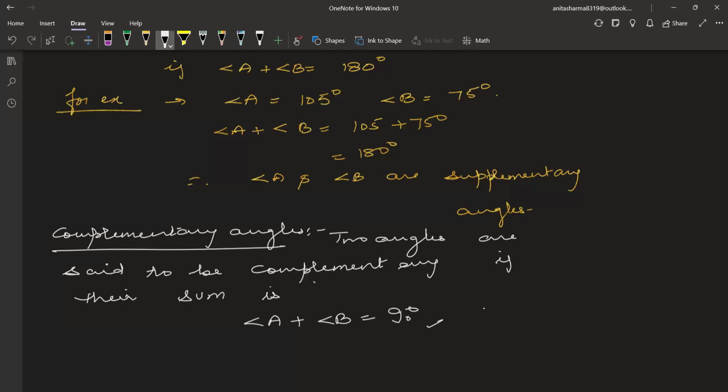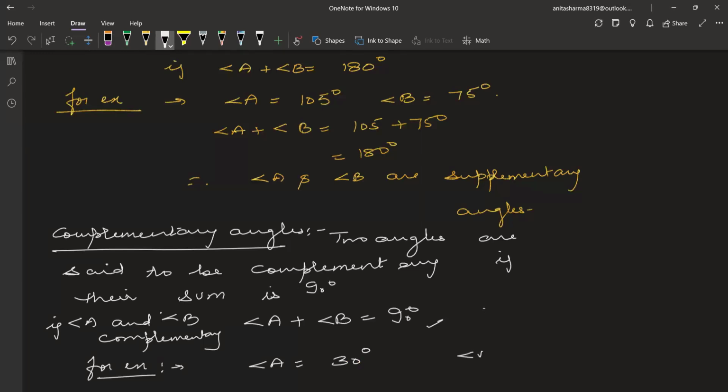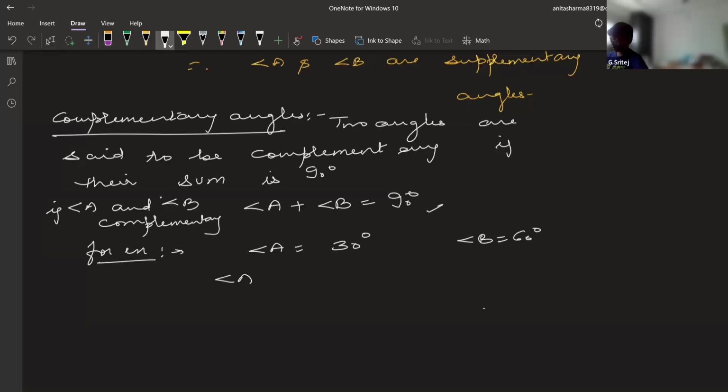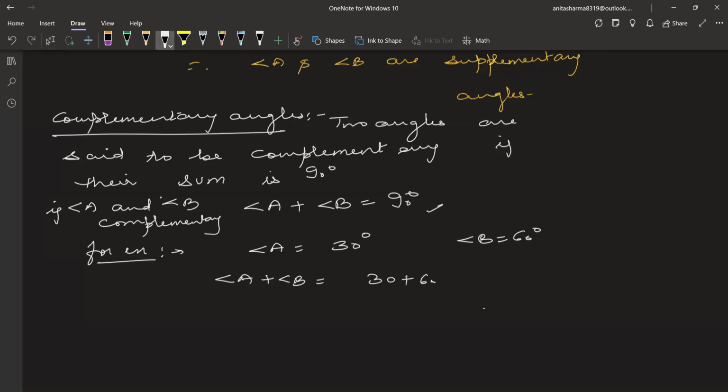So if angle A and B are complementary, then their sum will be equal to 90 degree. For example, suppose angle A is equal to 30 degree and angle B is equal to 60 degree. Now find their sum, children. 90 degrees. Yes, beta, 30 plus 60 is 90 degree.